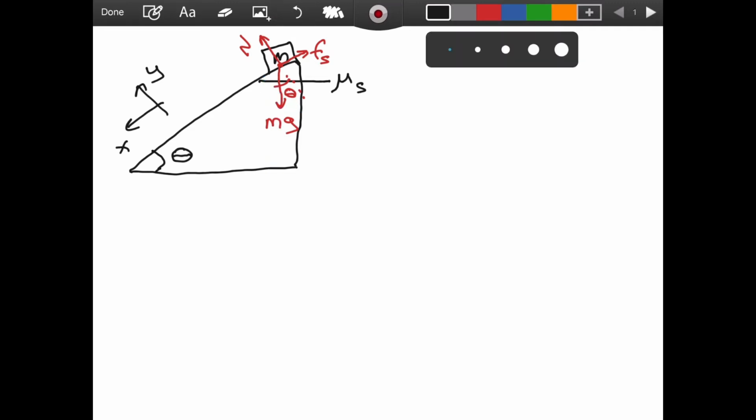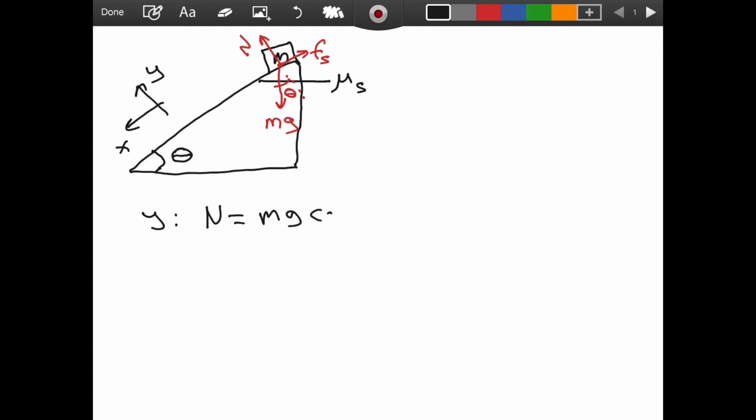Great. Now let's write the force equations that we have for both directions. And I will start with the y direction, because why not? So we have n, and it is going to be balanced out by mg cosine of theta. Why is that? Because in the y direction there will be no acceleration. Now the x direction is a little bit more interesting.